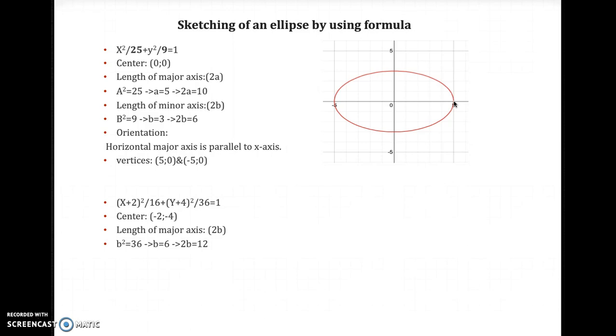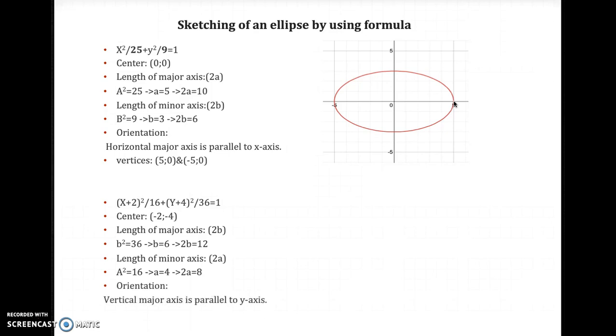The length of the major axis is 2b. So b squared is equal to 36 and b is going to equal 6, and the longest part is going to equal 12. The length of the minor axis is 2a. a squared equals 16, a equals 4, and 2a equals 8, which means the length of the minor axis is 8.